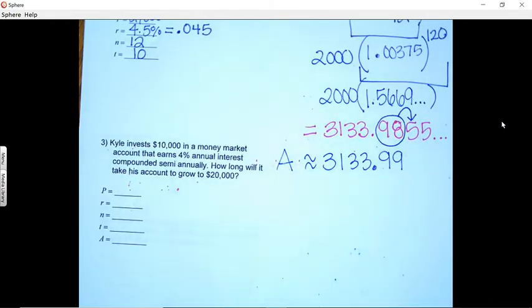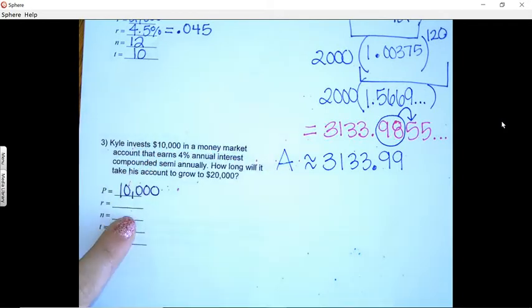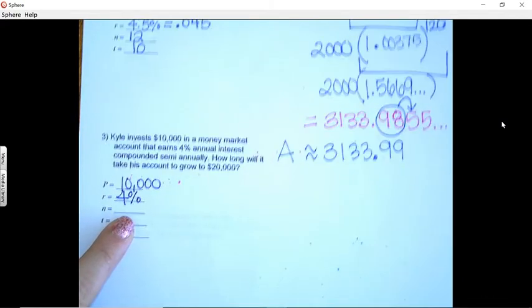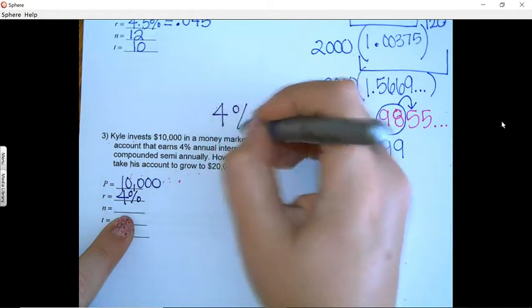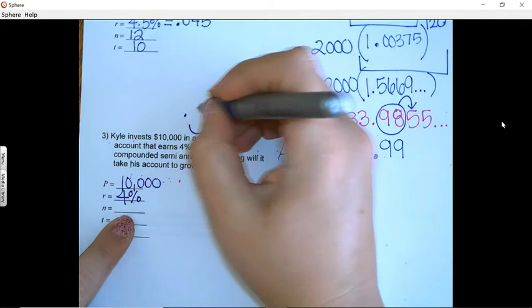So it says Kyle invests $10,000, so that's his principal, what he starts with, in a money market account that earns 4%, so that's our rate, but we have to change the percent. We have to get rid of the percent and move the decimal over 2, so it would be 0.04.